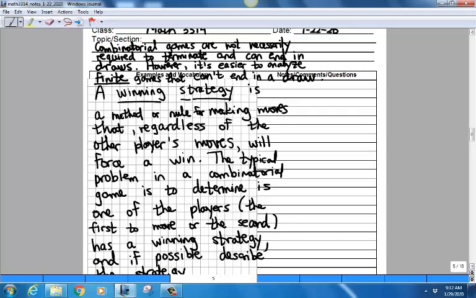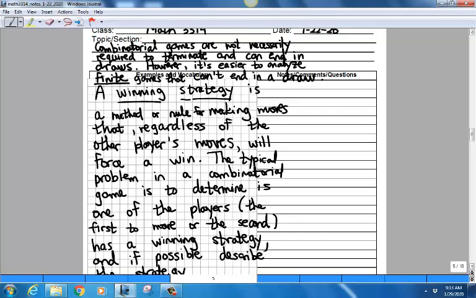Usually what we're interested in studying in a combinatorial game is whether there's a winning strategy. Does either the first player or the second player have one? There are only two players. In combinatorial games, players alternate turns. That's also a condition: players take turns. Player one is the person who starts and player two is the next player.